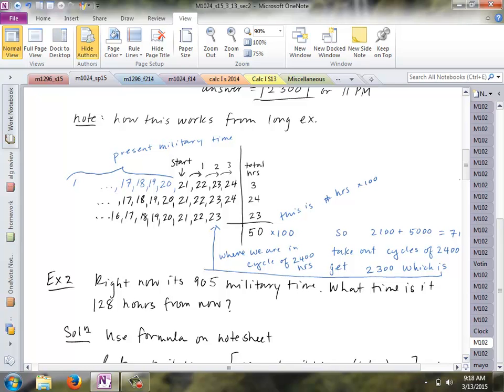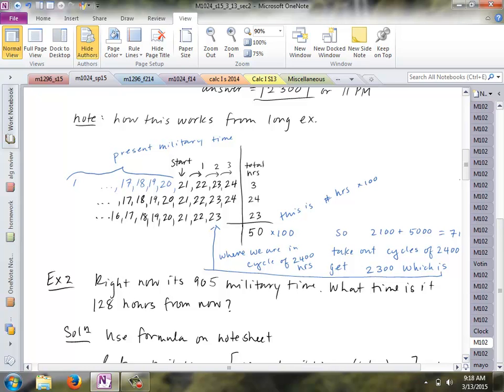So what is the total number of hours starting from that day? Take out the 24-hour periods, and that puts you at 2300 hours, which is where you would be in that particular day.